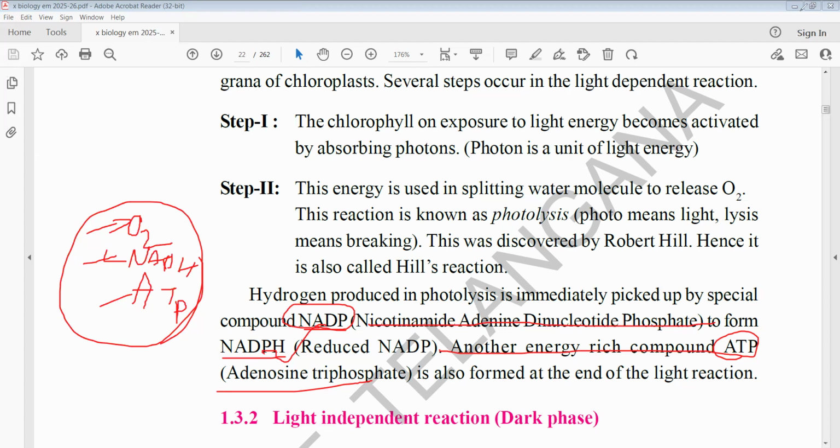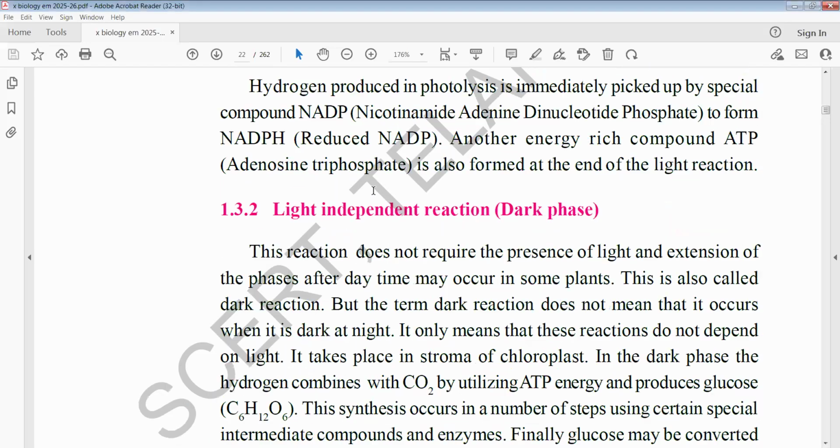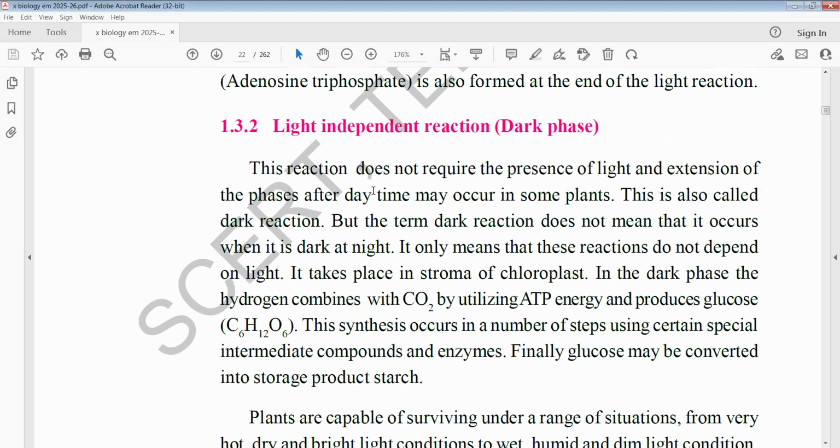Let us go to the dark reactions. The reactions which occur in the absence of light are called dark reactions, also called light independent reactions. This takes place in the stroma of the chloroplast. It need not depend on light.